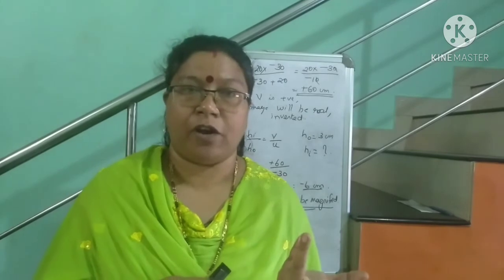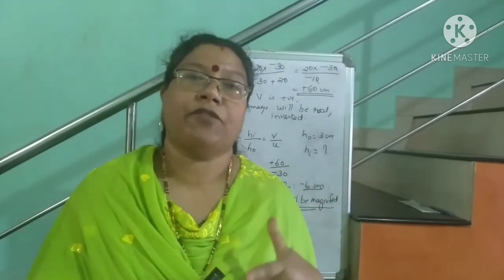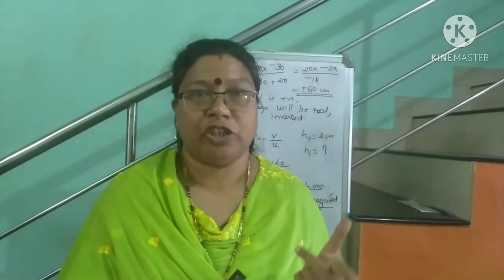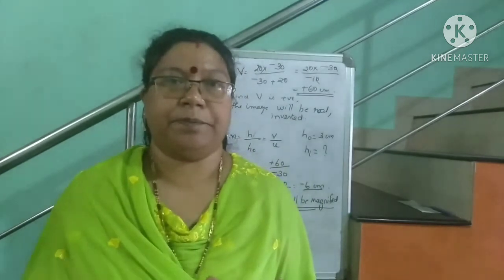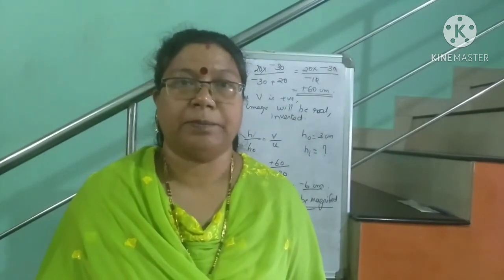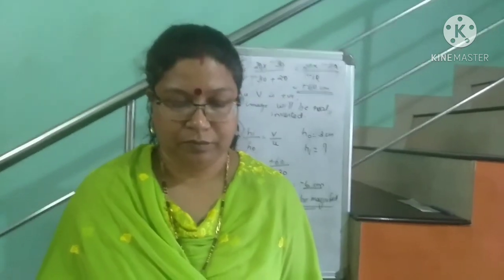So how is power found? Power is the reciprocal of focal length, where focal length is measured in meter, and the unit of power is diopter. Understood? So this is the power of a lens. Then regarding this power of lens, there's a question given there in your textbook.